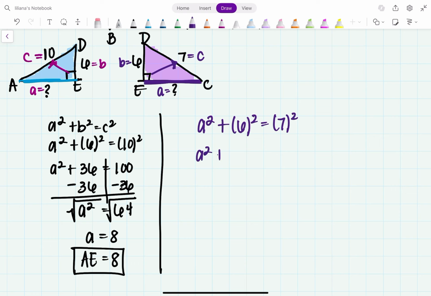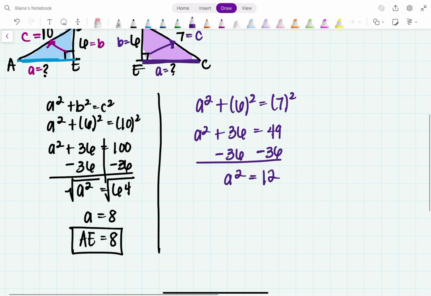That gives you A squared plus 36 is equal to 49. For solving for A, I'm going to subtract 36 from both sides. So that gives me A squared is equal to, I believe that's 12.